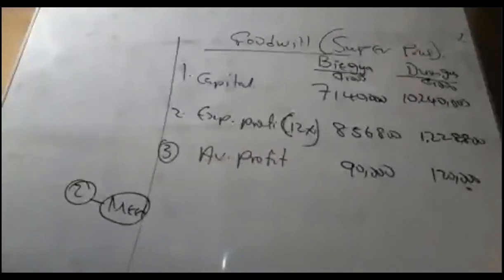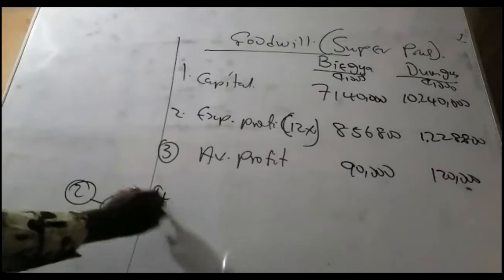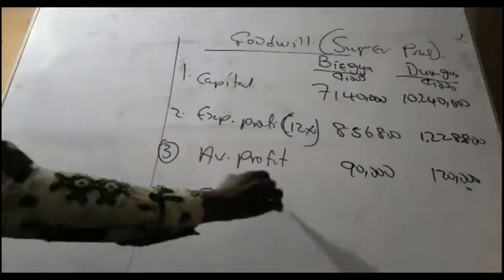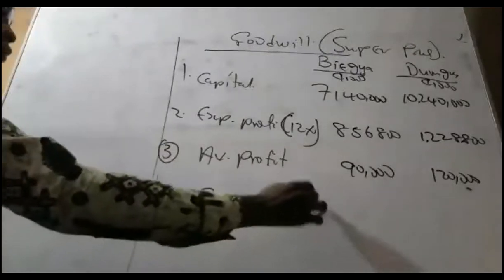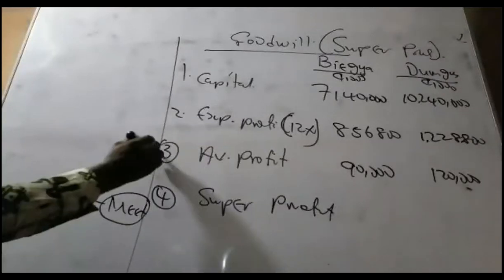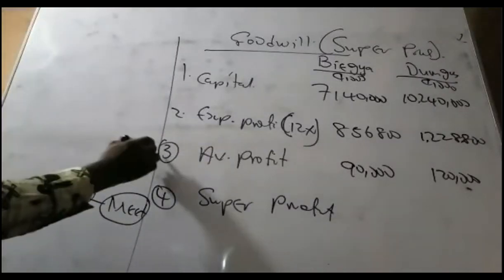Okay, so here, what is the super profit? Step 4, super profit. We said that super profit is equal to the average profit minus the expected profit.